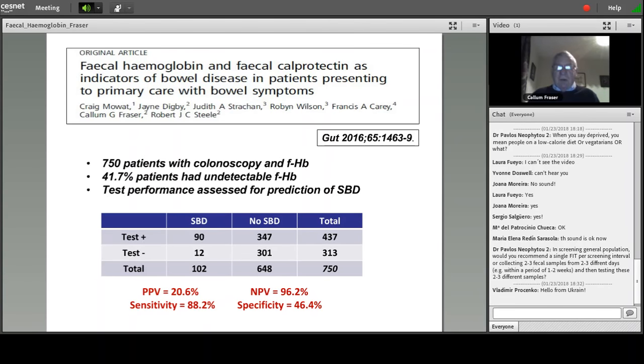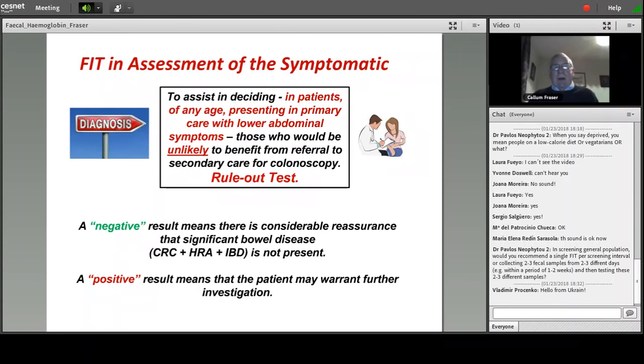Positive predictive value is not very high. The sensitivity is getting there, so as a rule-in test, the specificity is not very good. Lots of false positives. But it's the negative predictive value that is very high, and we think that this is the most telling clinical characteristic.